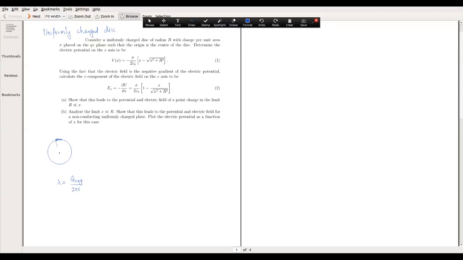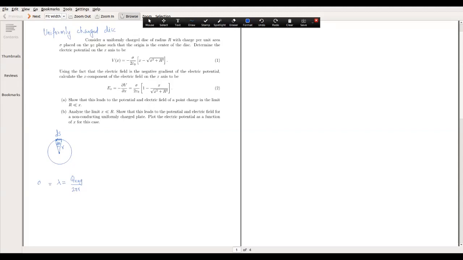So this being the center, this is r, and this will be the s. This could be d phi. Since it's a uniformly charged ring, whether I talk about the total ring or part of the ring, the charge density is the same.